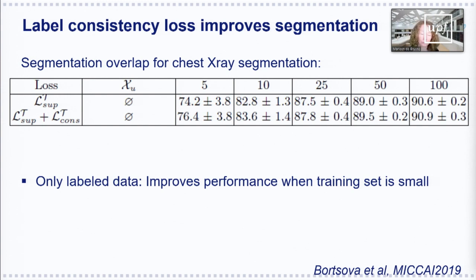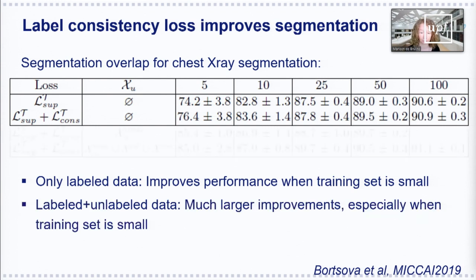And the second row shows that same loss, but with the consistency loss added. And you see that even for fully supervised segmentation, so the column on the left, where we train on only 5 annotated images, we still see a small improvement using this additional regularization, especially for small training sets.